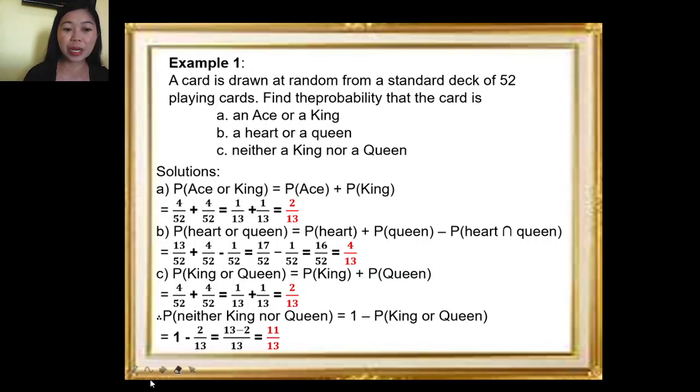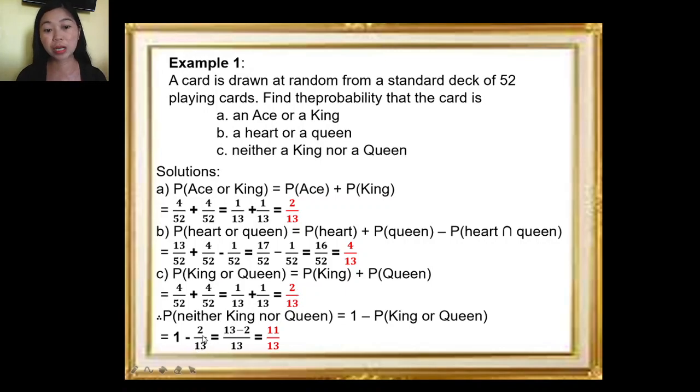Kasi sabi dun sa formula natin, the probability that the event doesn't occur is 1 minus the probability of the union of two events. So, the probability of the union of two events, yung probability of king or queen, is 2 over 13.